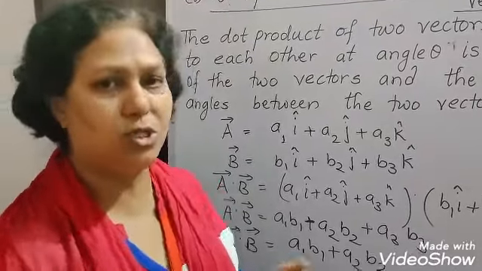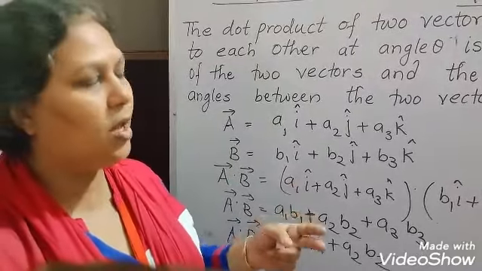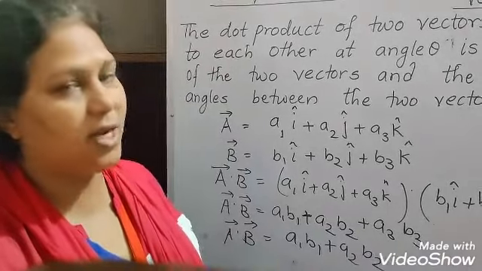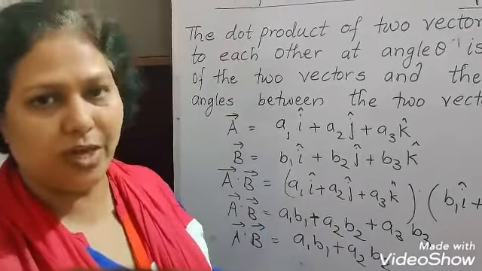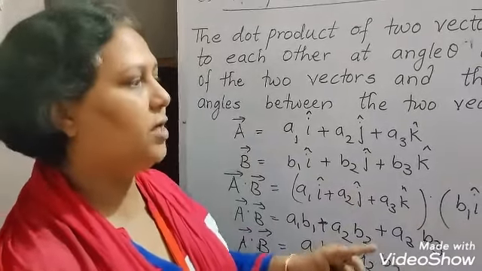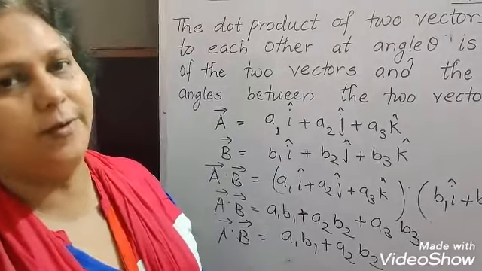So if the question asks us just to verify whether the two vectors are perpendicular or not, in such case we'll take the dot product of those two vectors, and if it is 0 they will be perpendicular, and if it is not 0 they will not be perpendicular to each other.